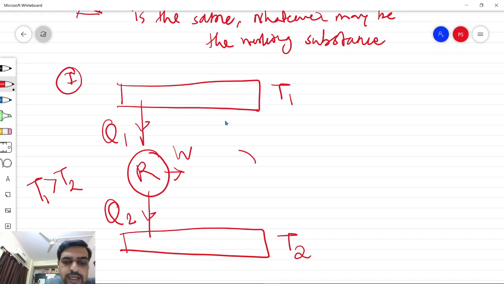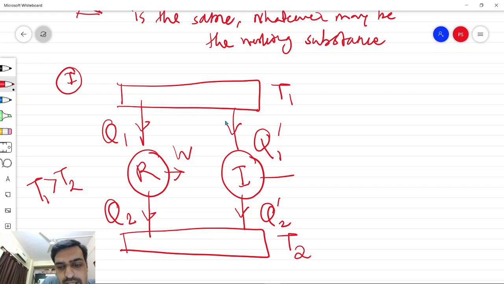Now consider another engine which is an irreversible engine I working between the same two temperatures, and suppose it extracts heat Q1 dash and rejects heat Q2 dash but performs the same amount of work W as that of the reversible engine.